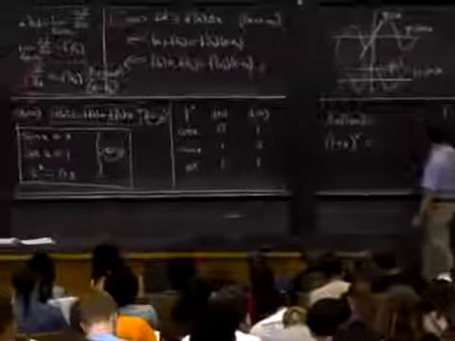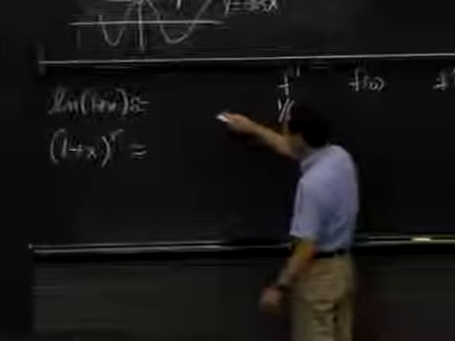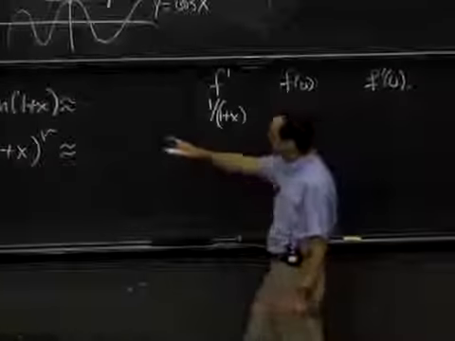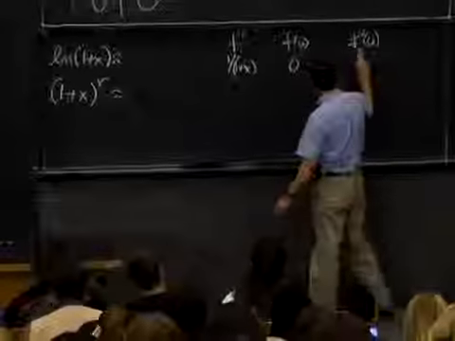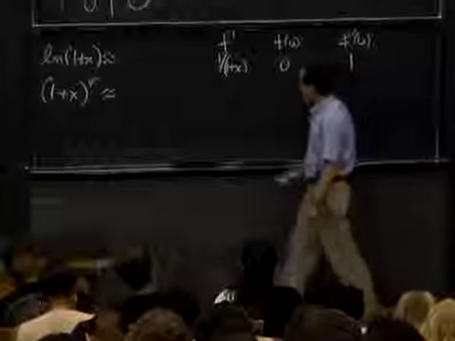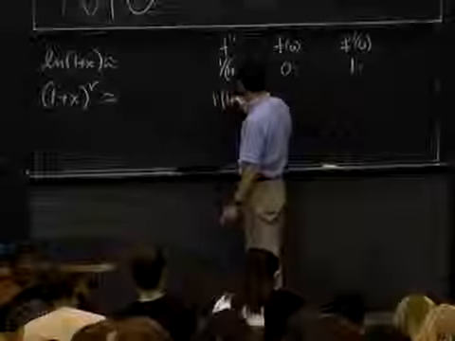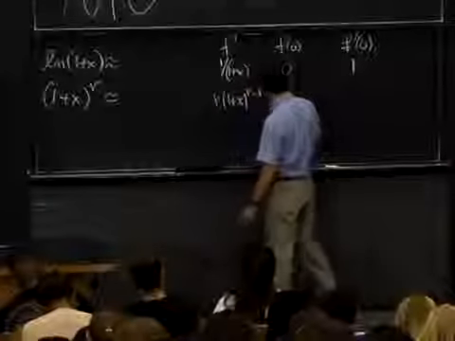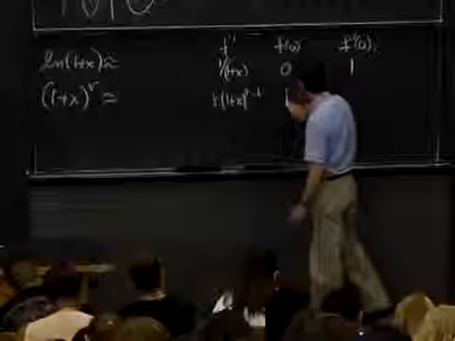So f prime is 1 over 1 plus x in the case of the logarithm, and f of 0, if I plug in, is log of 1, which is 0. And f prime, if I plug in 0 here, I get 1. Similarly, for this one, I get r times 1 plus x to the r minus 1. When I plug in, f of 0 is 1 to the r, which is 1.